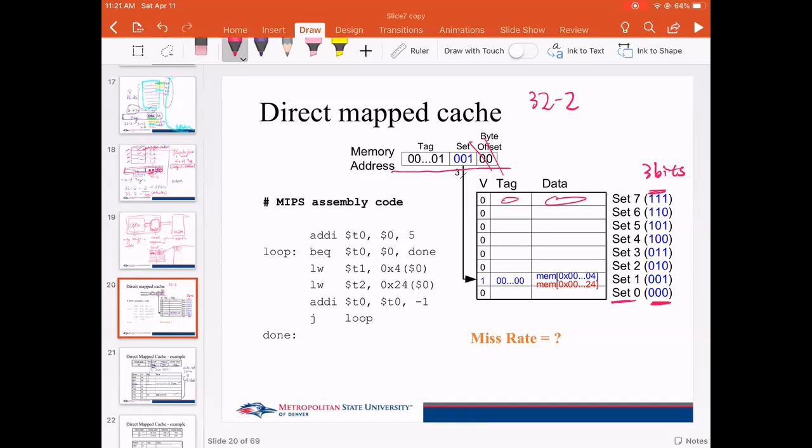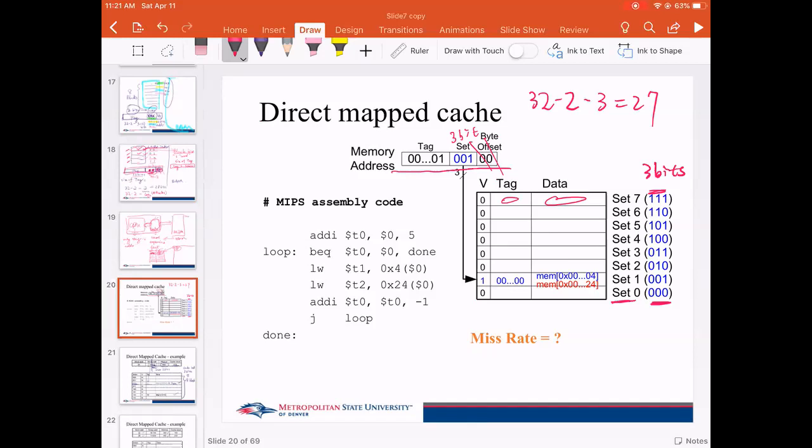However, the tag here is a little bit shorter compared with the previous example because I need to spend 3 bits for a set index. Remember, there are 8 of them, so you need to spend 3 bits for each as an index. So it will be 32 minus 2 minus 3, which is 27. So I only need to store 27 bits instead of 28 compared with the previous example because I have 8 different sets, 8 different rows.